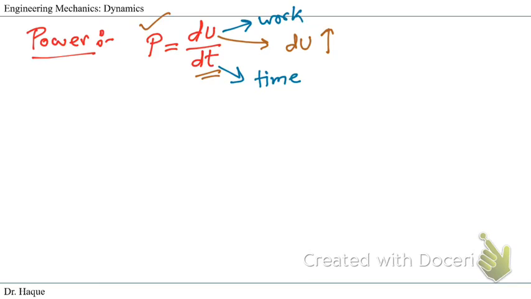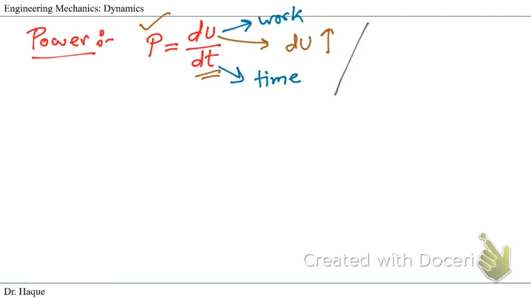What it means is, the more work you can do in a given amount of time, the more power you have. The more work you can do within a given amount of time, the more power available. Simple. Let's develop the equation a little bit further.